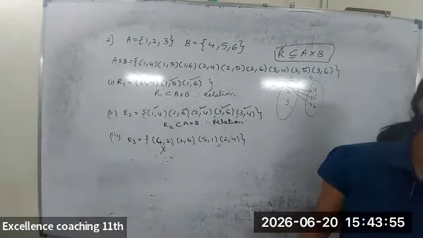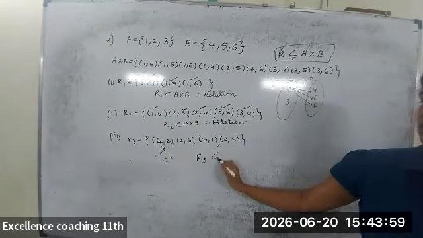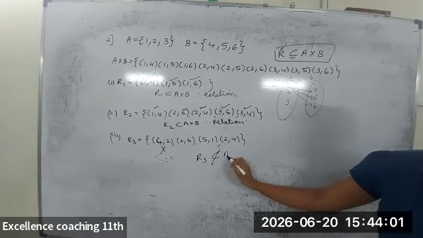Even if one is not there, you don't even have to check the other one. It's not a subset.